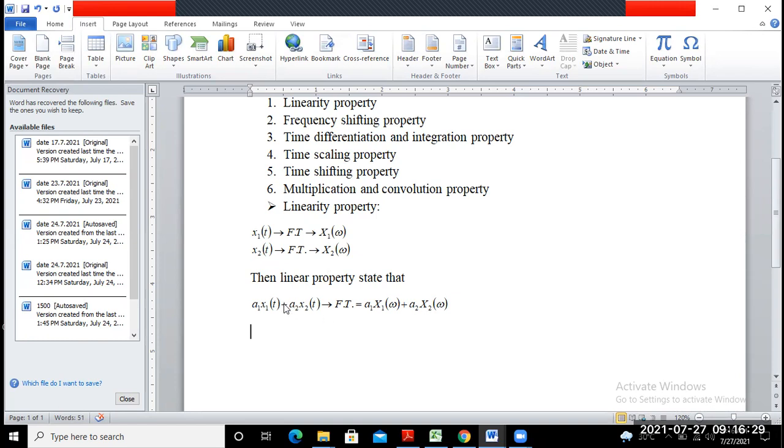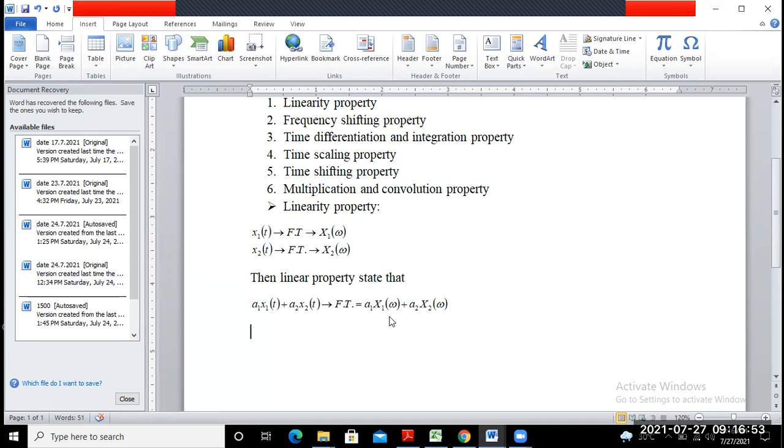That means one constant multiplied with the signal x1(t), and another constant a2 multiplied with the signal x2(t), has the Fourier transform a1 X1(omega) plus a2 X2(omega). Okay, so now we will try to prove this property.